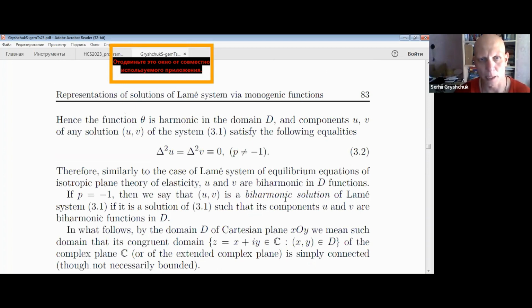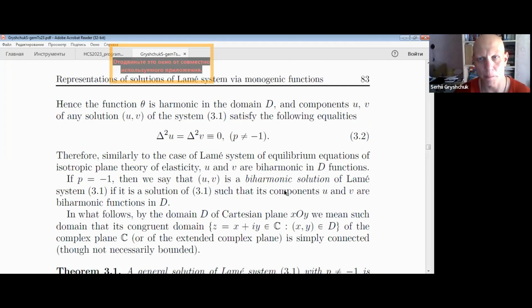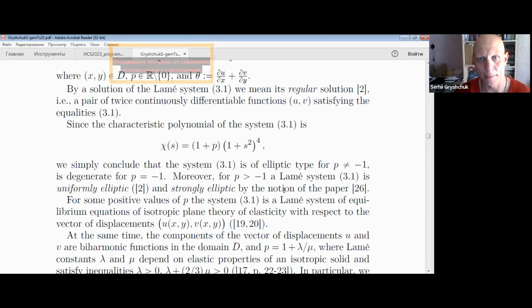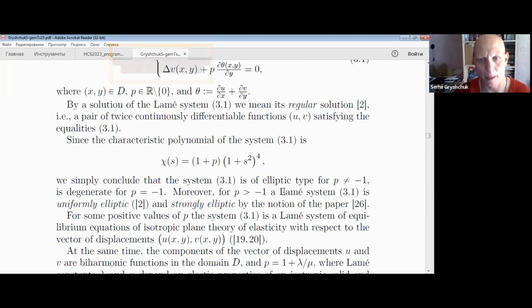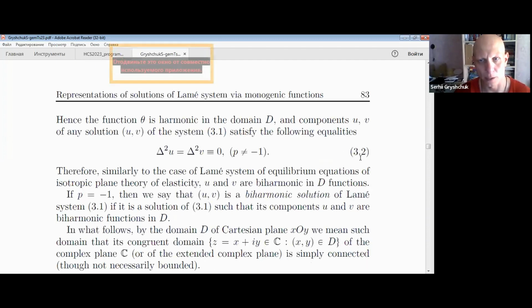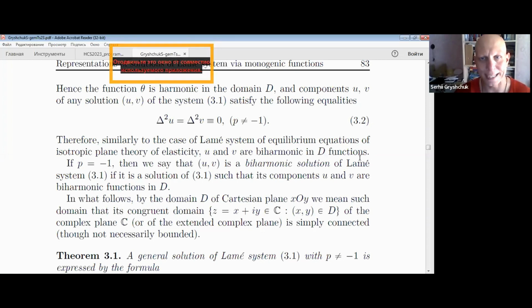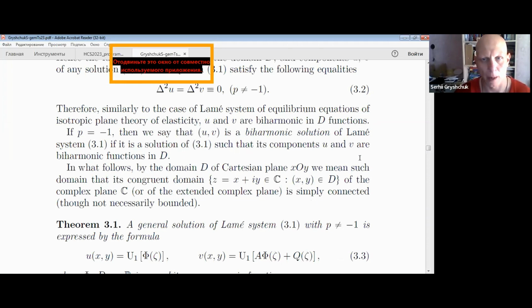If p equals -1, we claim additionally that we are looking for solutions of the Lamé system 3.1 satisfying such conditions 3.2. And we call such solutions biharmonic solutions of the Lamé system.